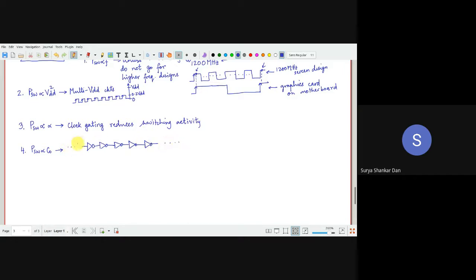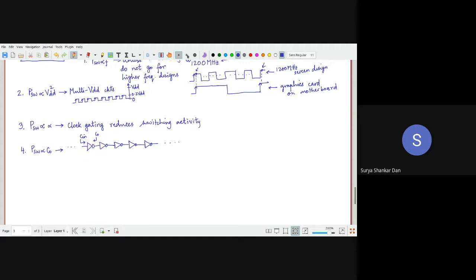Okay. Then this is the capacitance seen at the input. This is the capacitance seen at the output. Now the question of fan out comes. How many of these inverters will be supported by the output?